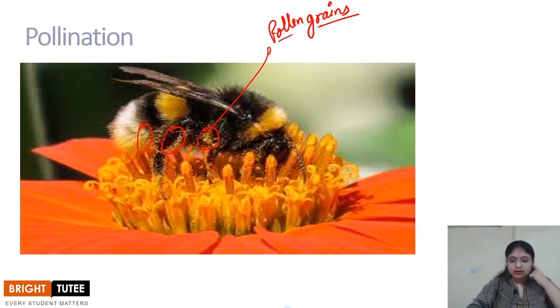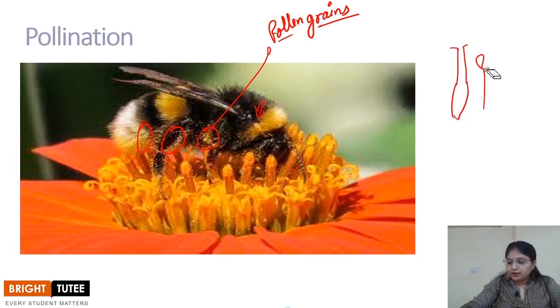As you can see, the pollen grains get stuck to the body of the insect, and when the insect goes to another flower, these pollen grains will fall on the stigma, right? So from the anther, these pollen grains are collected by the insect's body and get transferred to the other flower. Many times this pollen grain might also fall on the same flower's stigma, right? For example, let's say this is the pistil of the same flower, and this is the anther that is present.